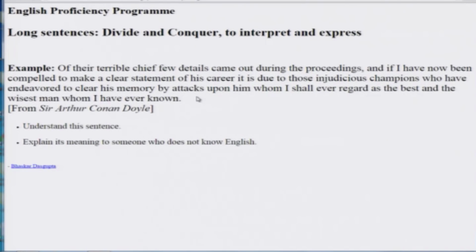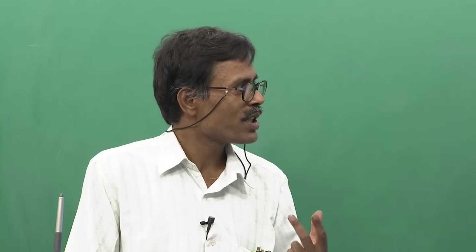When you try to interpret it in one shot, you cannot see the whole sentence at once. You have to read it slowly, and whether consciously or not, you will go on interpreting bits and pieces of it and keep them in your mind as you proceed. By the time you finish, you will realize the complete meaning.